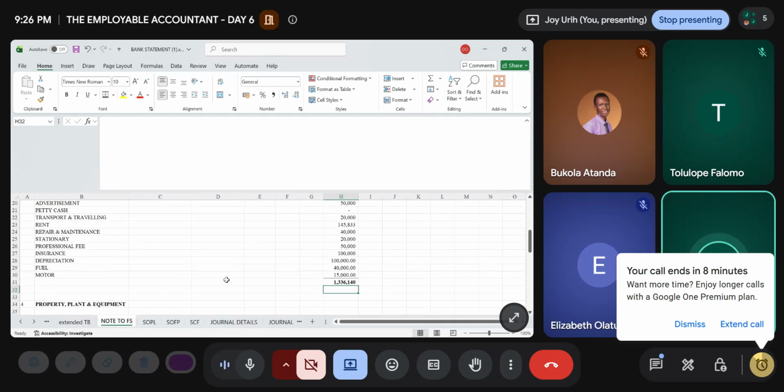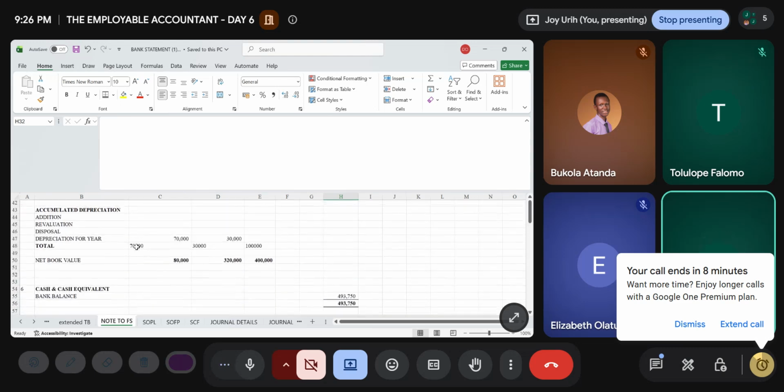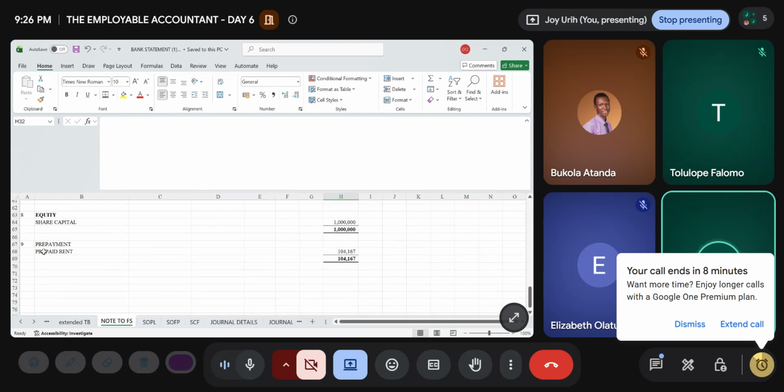So the next thing I want to do is to take it to my notes to the account, under the current asset. So I should have trade receivables.